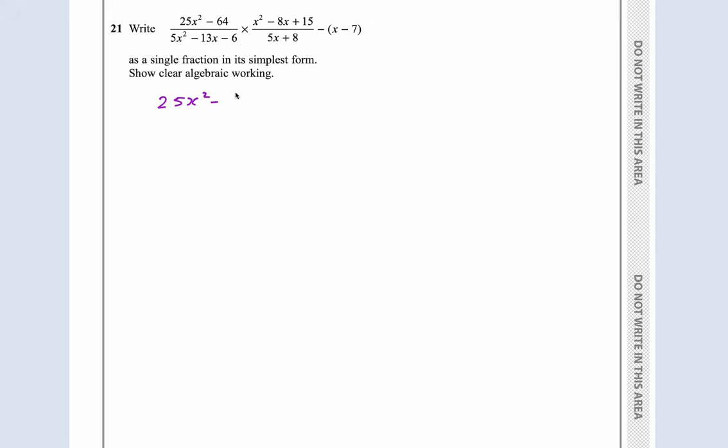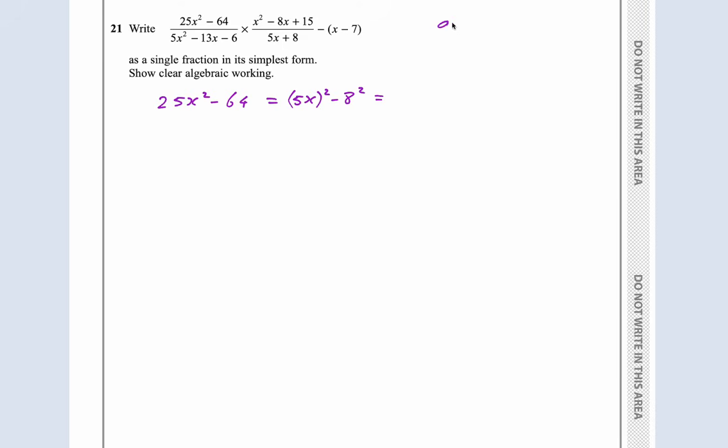25x squared minus 64. This is a difference of two squares. Hopefully you can see, guys, look, it's 5x squared minus 8 squared. Let me just write it like that. 5x squared minus 8 squared, a difference of two squares.